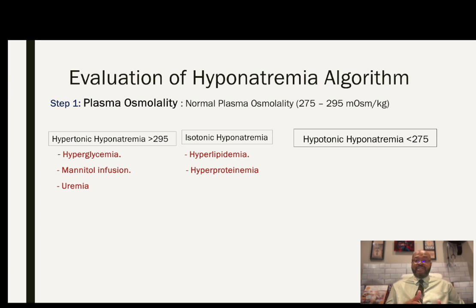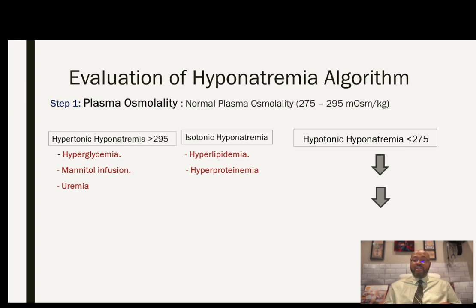And actually, in cases of biliary obstruction, the cholesterol levels are really high, and the lipoprotein X is also really high because of the obstruction. And so you can have hyponatremia in those cases, but they are what we call pseudohyponatremia because they are not true low sodium levels. And so the sodium is low. Again, they are isotonic. And then, of course, if they are hypotonic, that's where most of them will fall in.